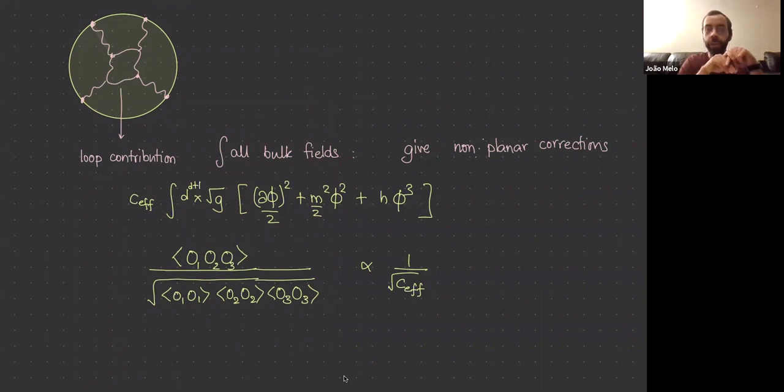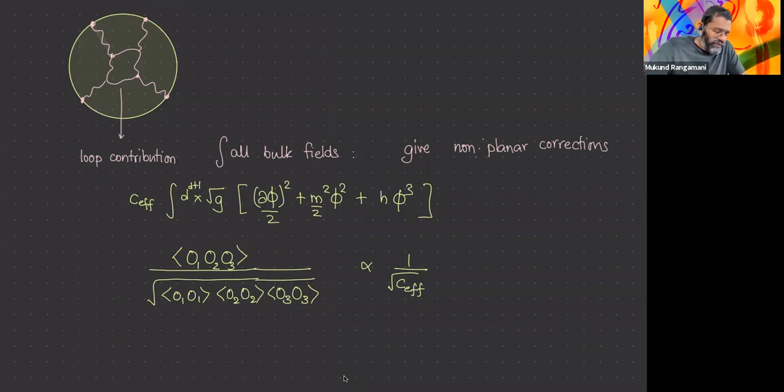So shouldn't we get that in the strict planar limit, in classical supergravity, interactions don't matter and we only have the disconnected correlators? Yes, if you want me to set C effective to infinity, yes. I'm just saying that they are of order 1 over root C effective.